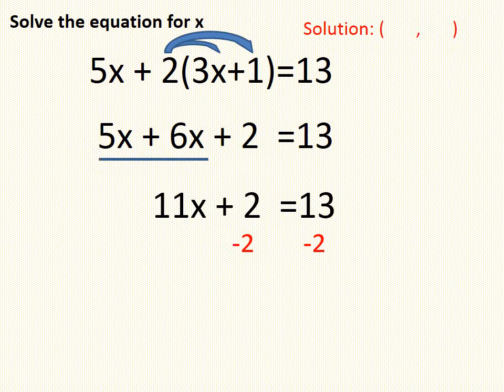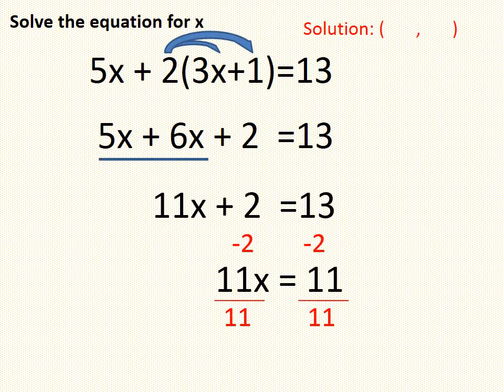I'm going to solve the two-step equation by taking away 2 from both sides, ending up with 11x equals 11. One more step, dividing by 11 will give me x equals 1 in this case. So the first part of the solution is 1, which is the x coordinate of the point that satisfies both equations.